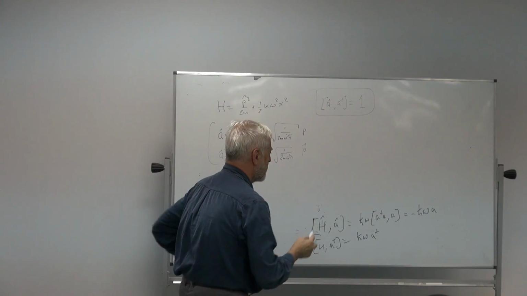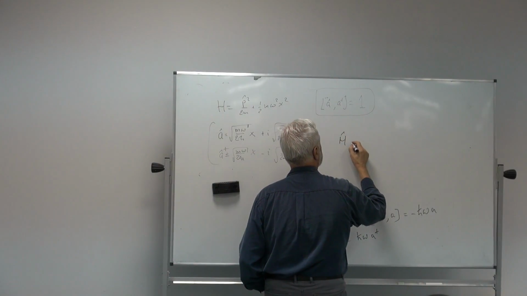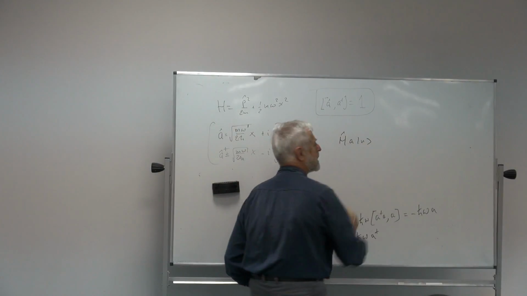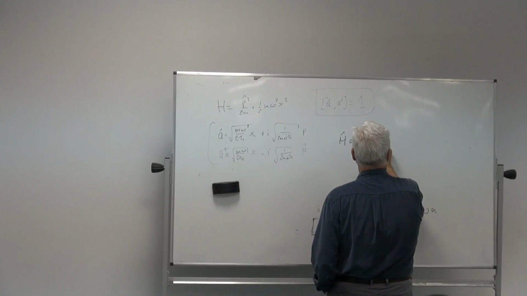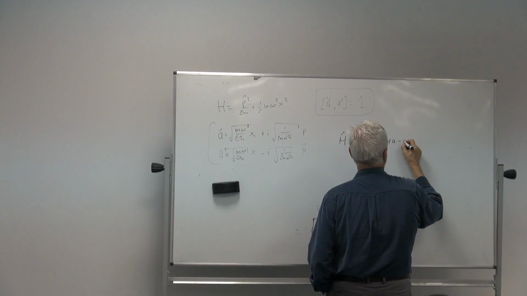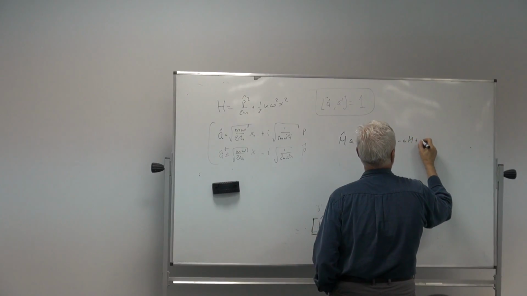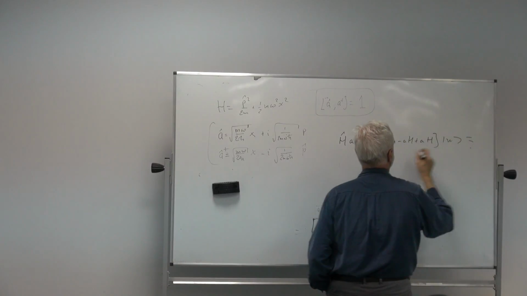I told you that I want to compute H, A acting on n, and in order to do so, I am writing the commutator of H and A, minus A H, plus A H acting on n.